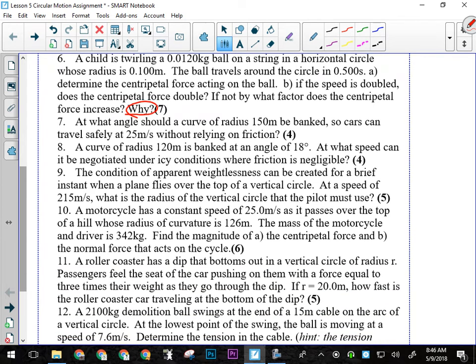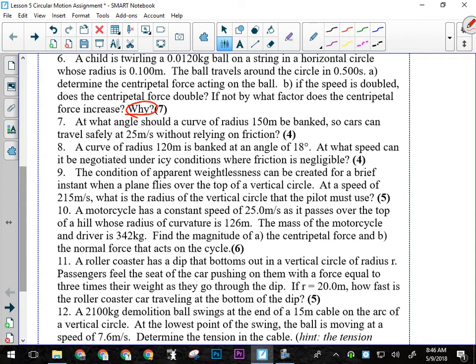Number seven, you're being asked to find an angle. Again, just show your work there. Another one where we have a curve that's banked and we're given the angle. We're looking for speed in that one. And they're telling us that friction is negligible in both, so essentially it's not present. Number 9 is talking about a condition of apparent weightlessness when a plane flies over the top of a vertical circle.